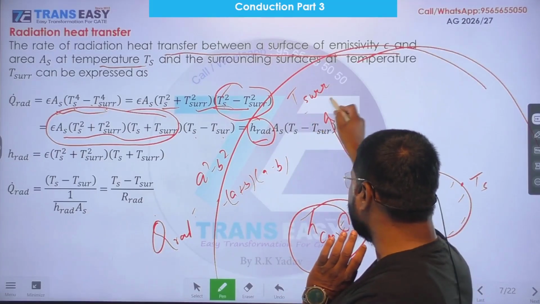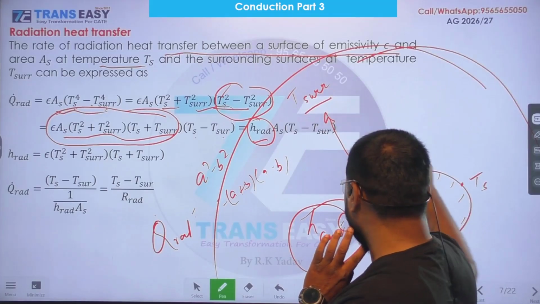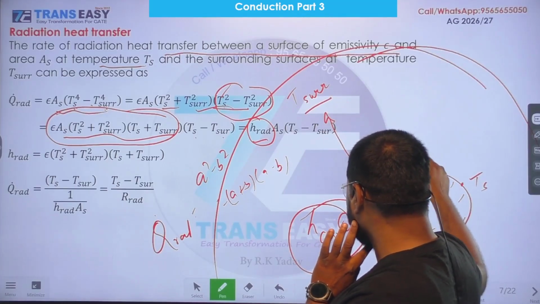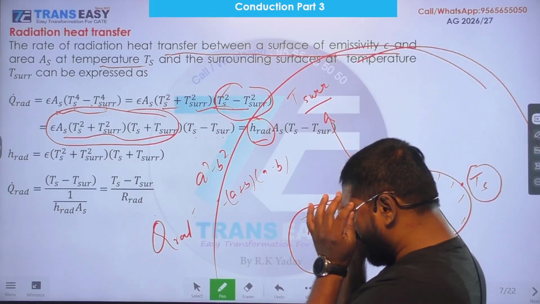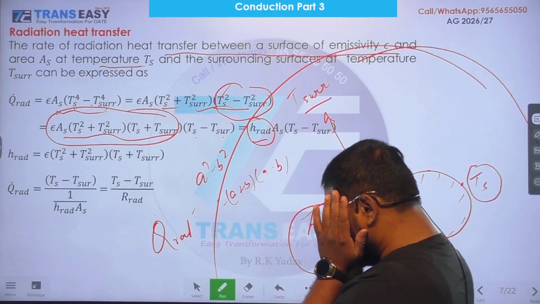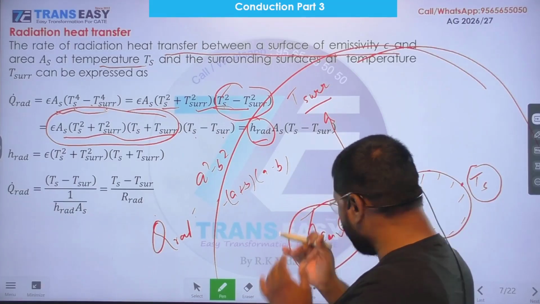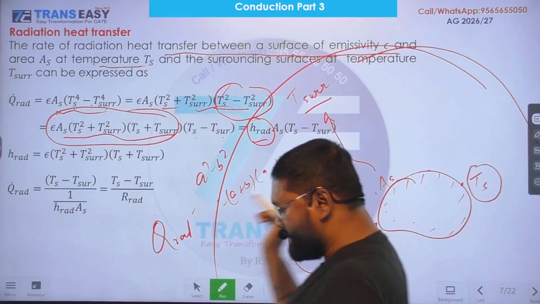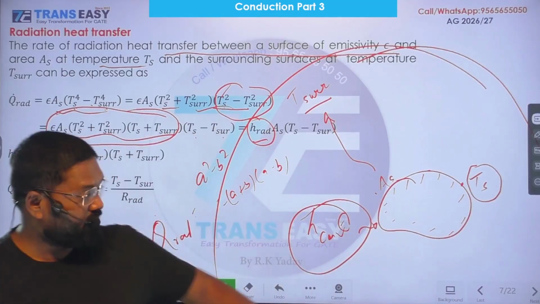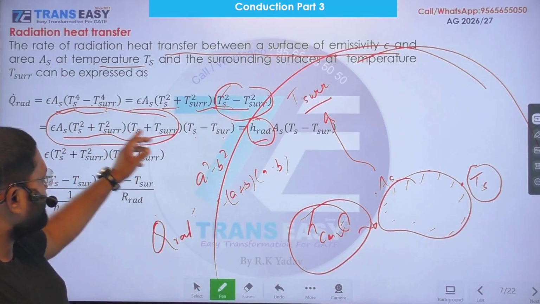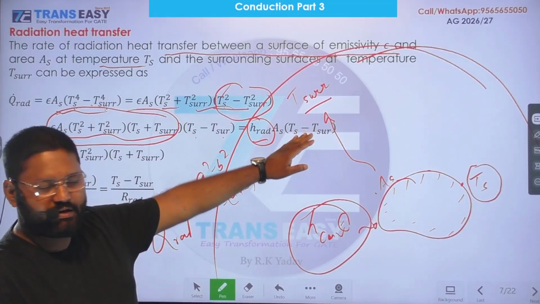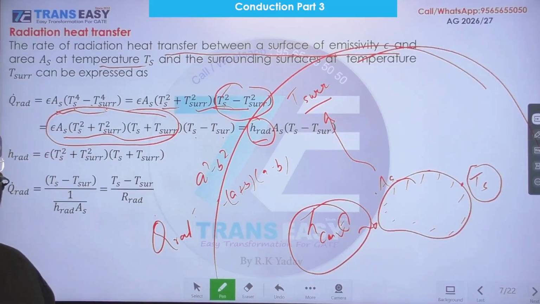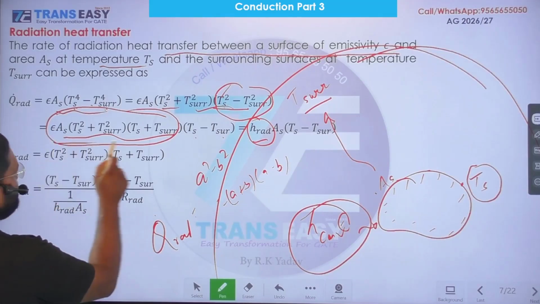Temperature of the cloud is this, and surface temperature of the body kept over our surface is Ts and its surface area is As. So radiation heat exchange between surface and cloud is represented by this expression, and we are getting the simplest expression. So the radiative heat transfer coefficient can be written as this.